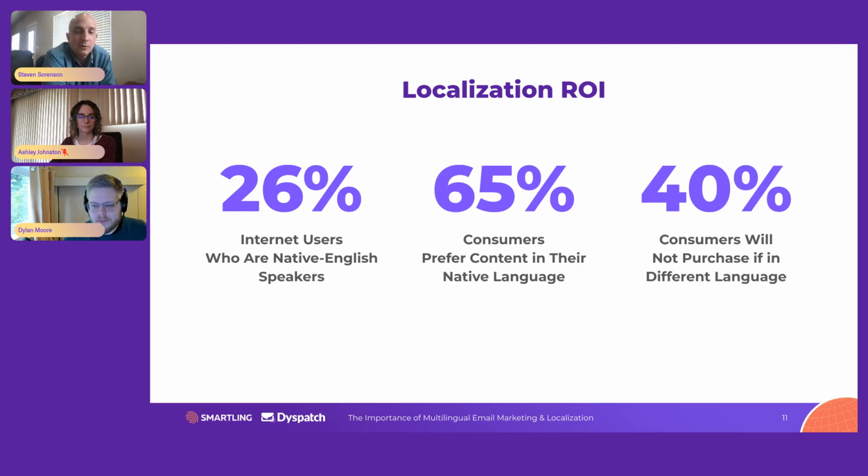So we need to be able to produce content in these users' native tongue so that they can be more willing to buy and participate in what we're offering. The big thing here is you're going to reach your users better. You're going to have better return from them if you're able to speak in their language and share information with them the way they understand it better. Any comments here from you on that, Dylan?